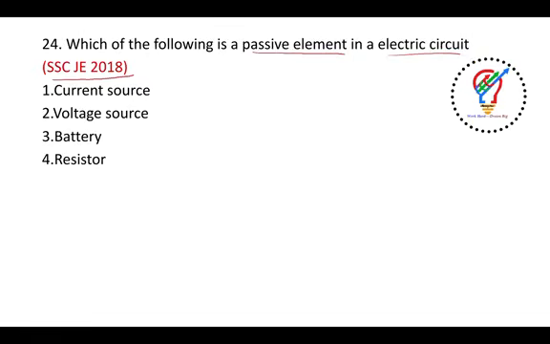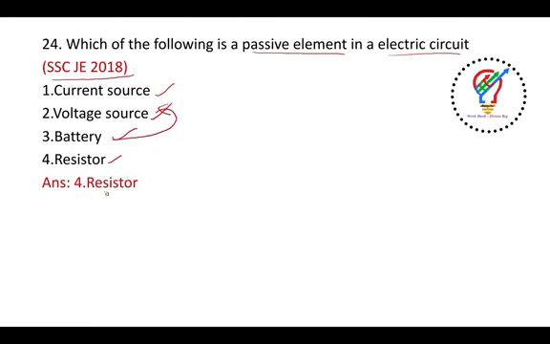Any element which can deliver energy for a longer amount of time we call an active element. Here the voltage source is an active element, the current source is an active element, and a battery is nothing but a voltage source. So the resistor is a passive element, and the answer for this question will be resistor.